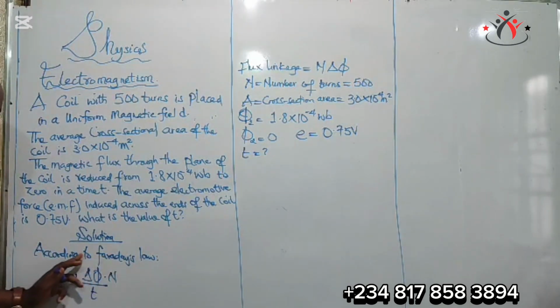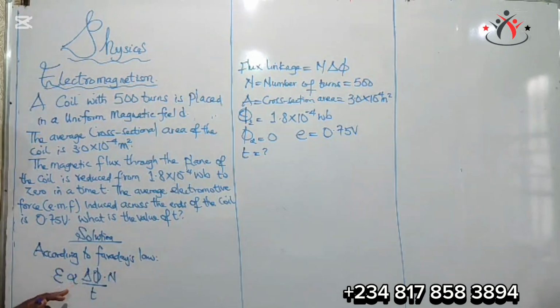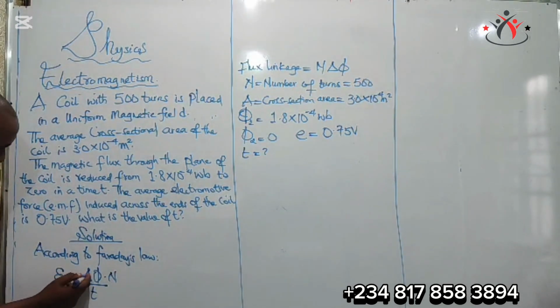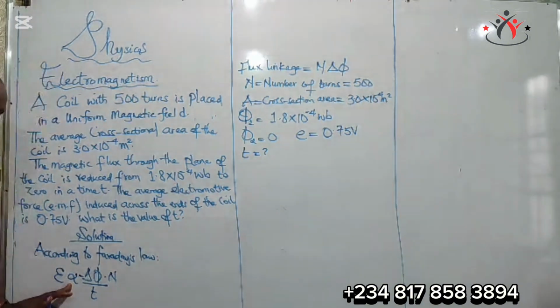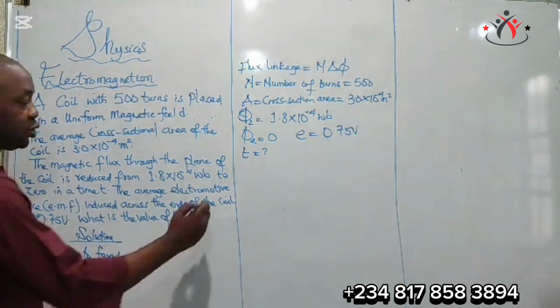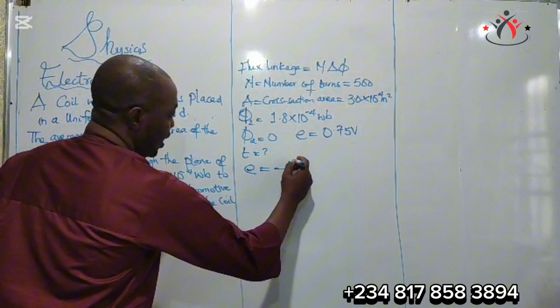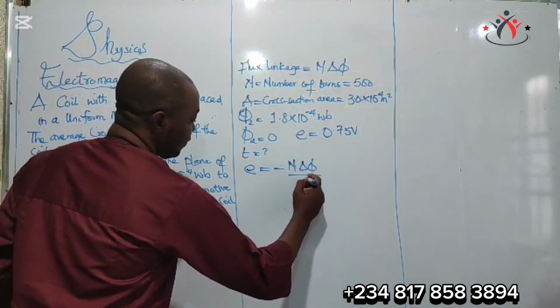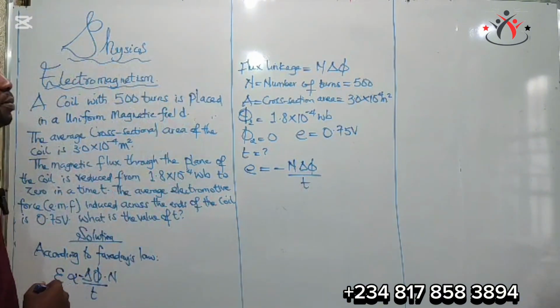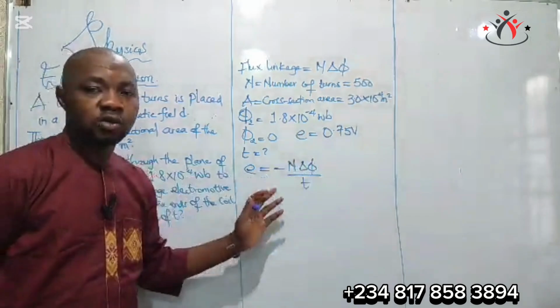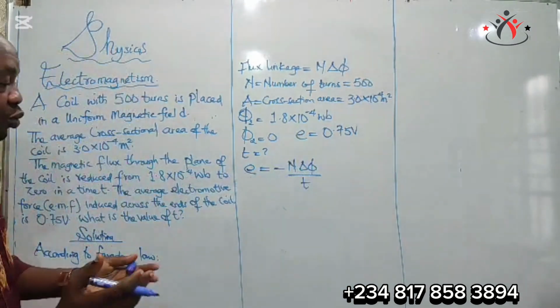Remember, this is negative. When we replace the proportionality sign with an equality sign, we have the induced EMF equals negative N times the change in magnetic flux over time. So we plug in the values we are given.